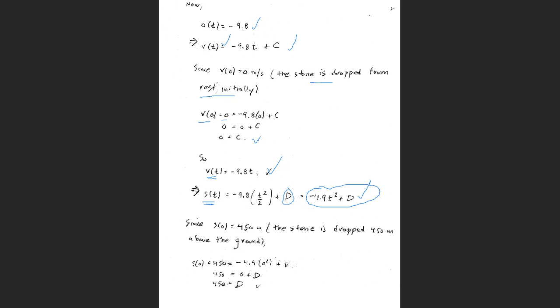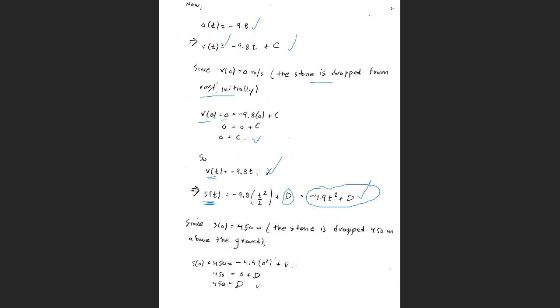So is there some piece of information that we're told about the stone's position in the problem? If you go back to reading the problem, is there some piece of information that they gave us? Good, John. It's dropped from 450 meters.